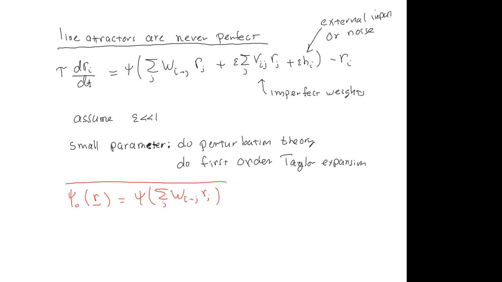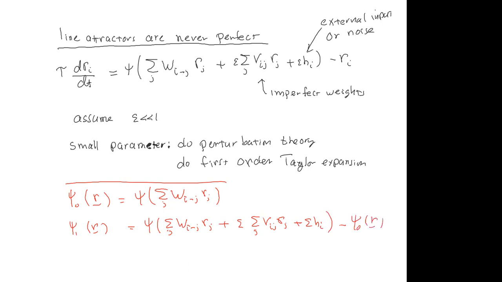And psi 1 of r equals psi of the sum on j of W_ij r_j plus epsilon, the sum on j of V_ij r_j plus epsilon h_i, minus psi 0 of r. Okay.